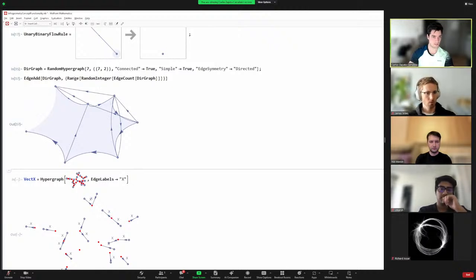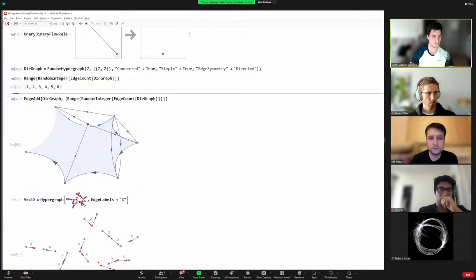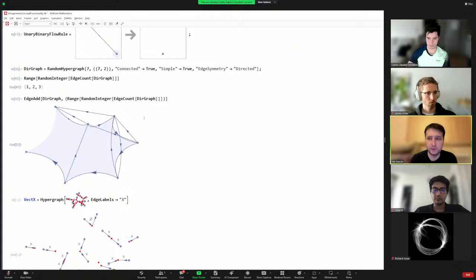Yeah, that's going to add them. Exactly. That seems to work fine. I just need to make those lists. How can I do that? You just map list over it.